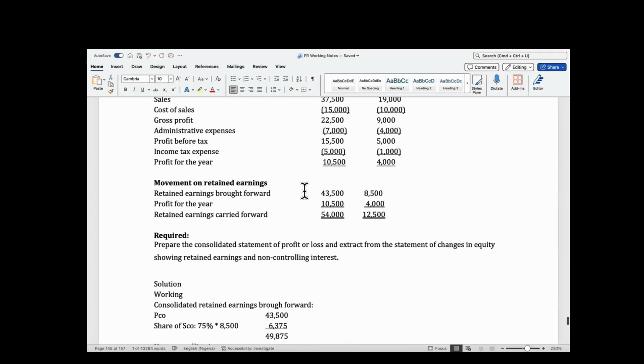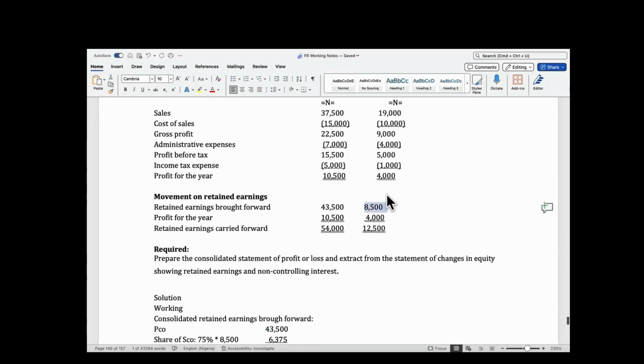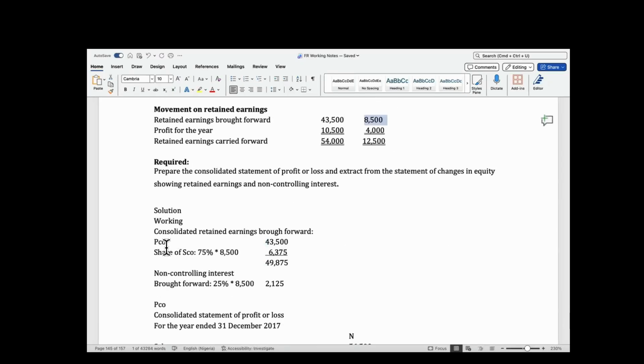So the retained earnings of the parent is 43,500. Then we take our share of the retained earnings brought forward of the subsidiary, which I worked out here anyways. So the consolidated retained earnings brought forward is the retained earnings of the parent plus our share in the retained earnings of the subsidiary.